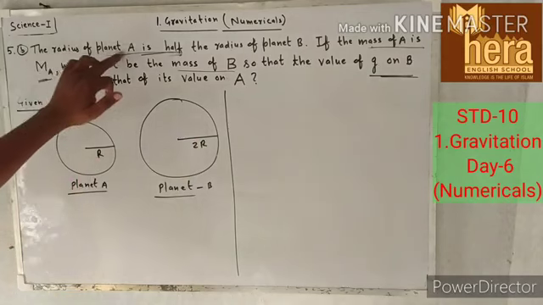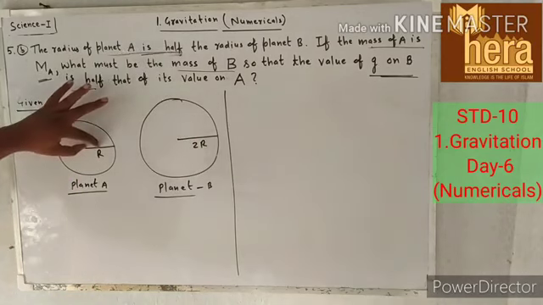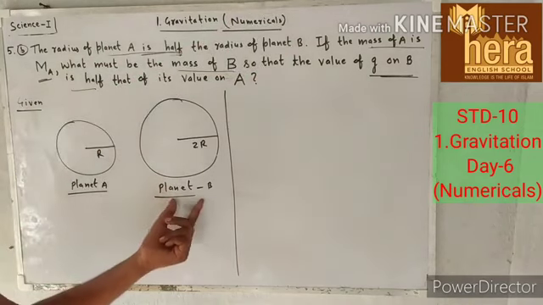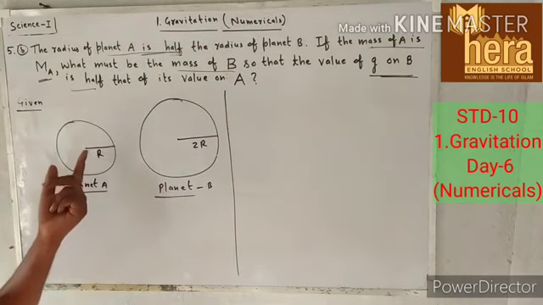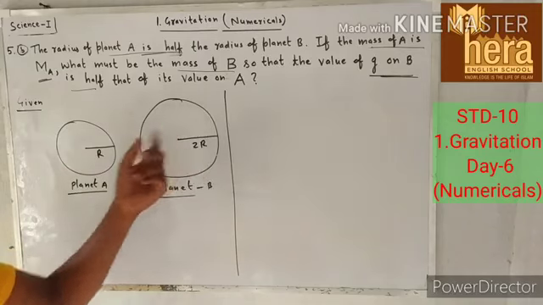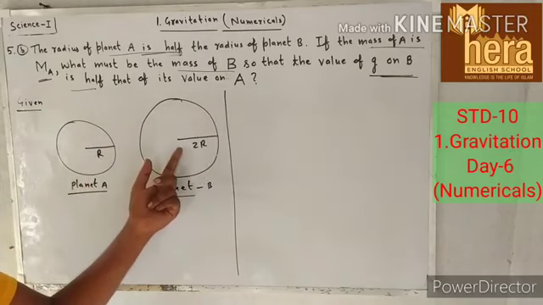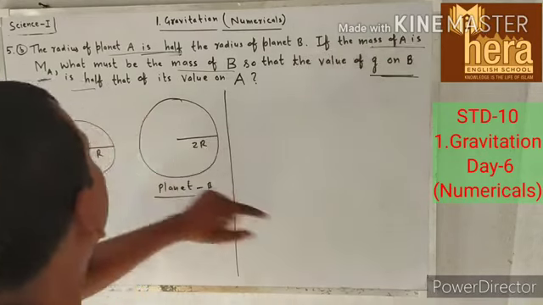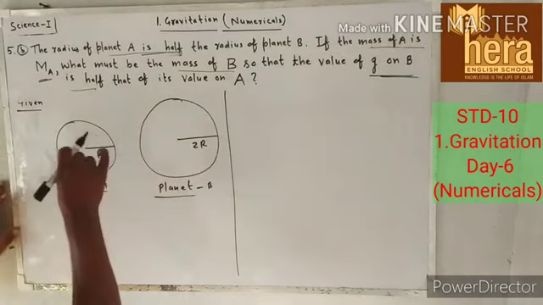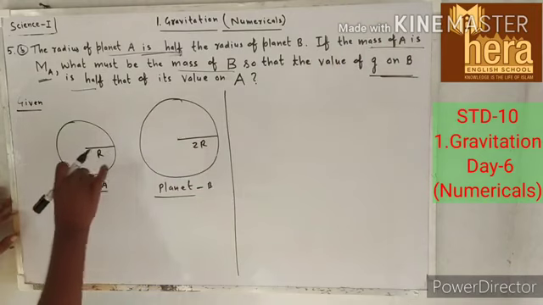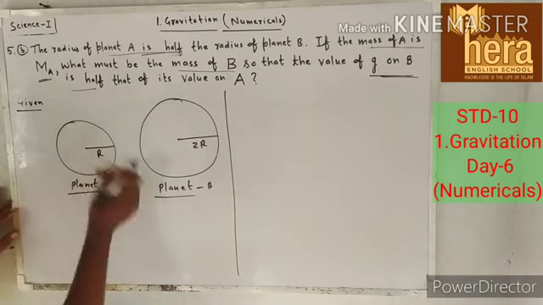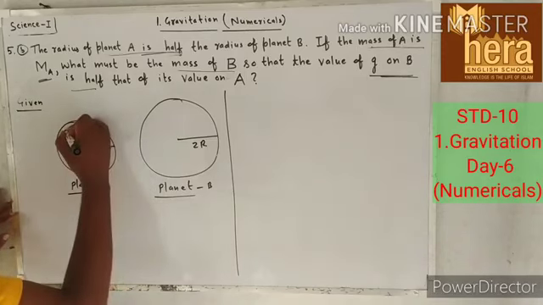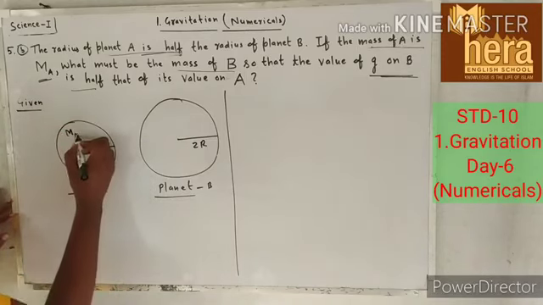The radius of planet A is half the radius of planet B. This is planet B, this is planet A. Radius is half, this is R, this is 2R. This is half of planet B. If the mass of A is ma, its mass is given, ma.